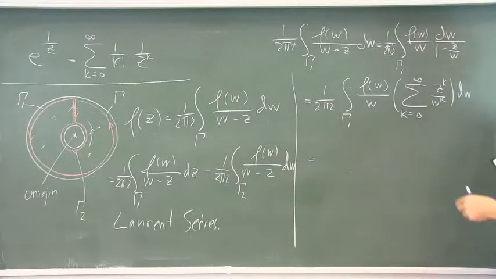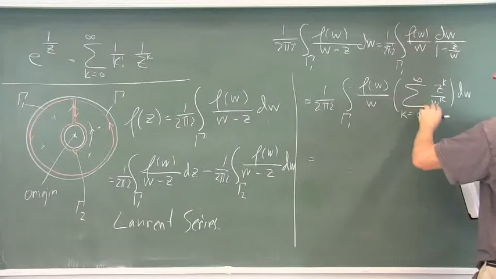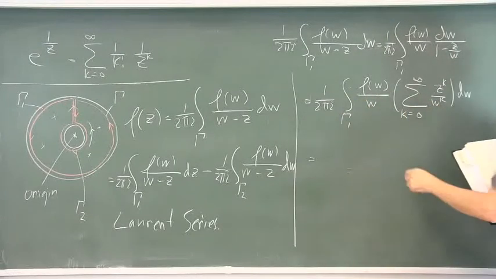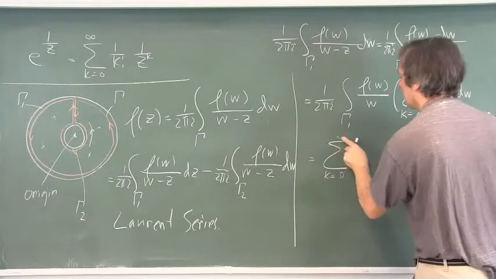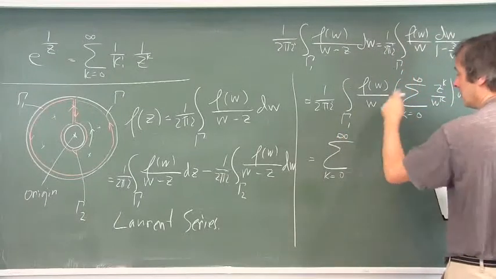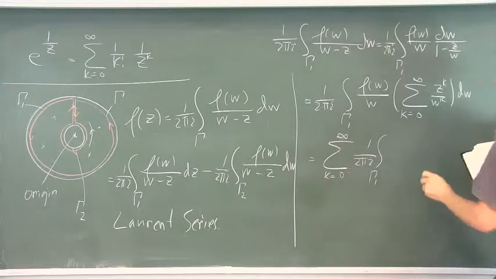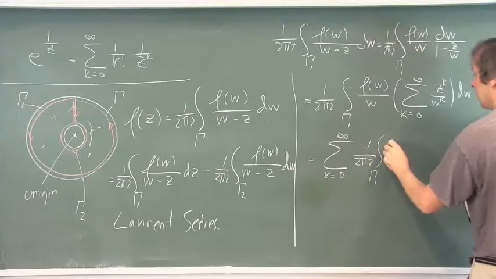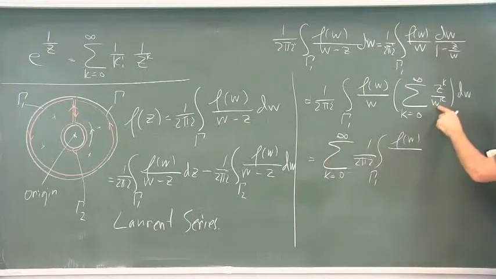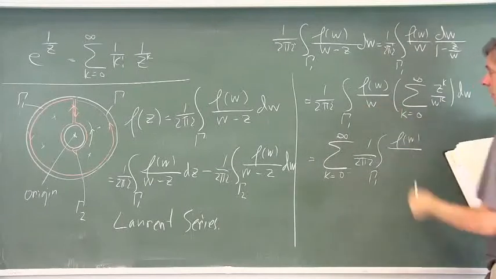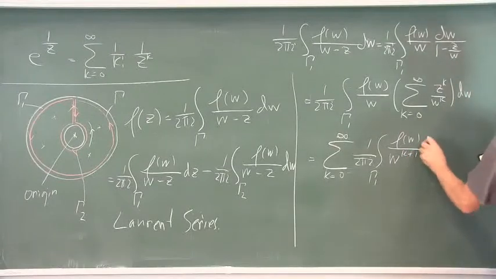Yeah, and then, just as in the case of the power series expansion, we can exchange the order of summation and integration, and then we will get the sum, k goes from 0 to infinity, of an expression which is 1 over 2 pi i times the integral over gamma 1 of f of w divided by first this power w to the power k, and then we have an extra factor w here, so it will be w to the power k plus 1, dw.